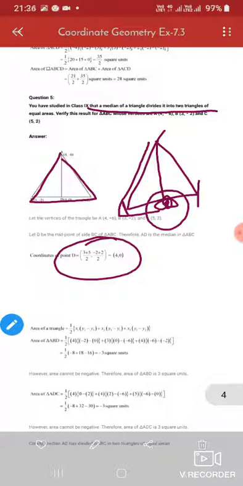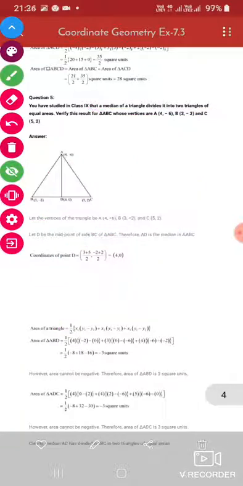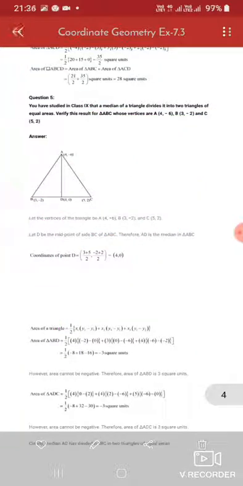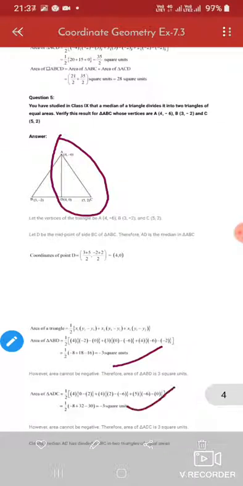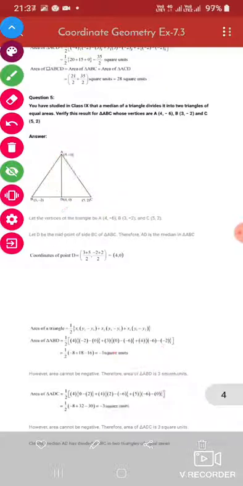After that, the area of triangle ABD is determined. After that, the area of ADC is determined, and we will find that both areas are coming the same. You make it positive, it is coming -3 and -3, so make it positive, and you say that it clearly results that this median AD divides the whole triangle into two equal areas.